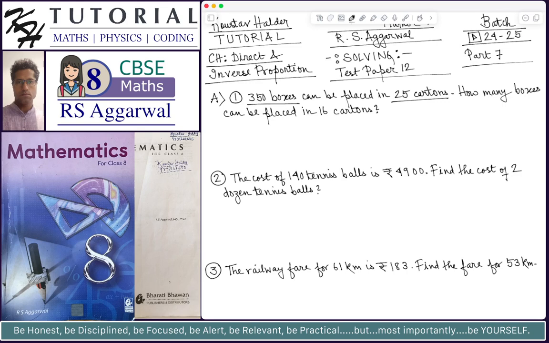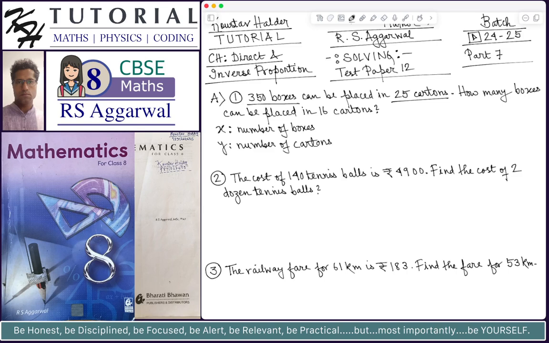So if the number of boxes is more, obviously you will need more cartons. Let's identify the quantity x as the number of boxes, and the quantity y as the number of cartons required for the boxes to be placed.